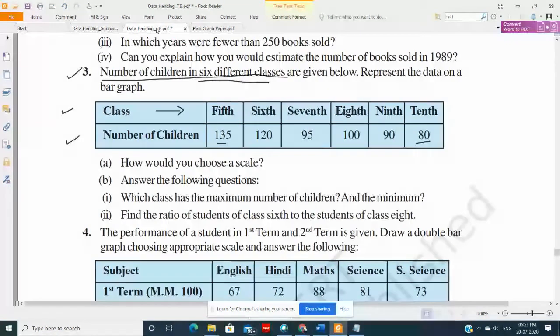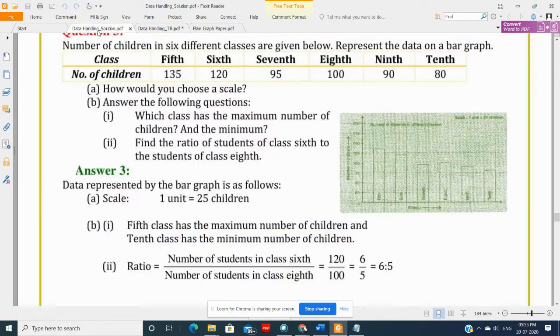Based on this data, we need to give answers. So let's give the answers. See, how would you choose the data? We will just write the answer like this, that the lowest number is 80 and the highest number is 135. So 1 unit is equal to 25 children, right? Or you can say 1 unit is equal to 10 children. Okay, whatever is comfortable to you, means the kind of paper available to you.